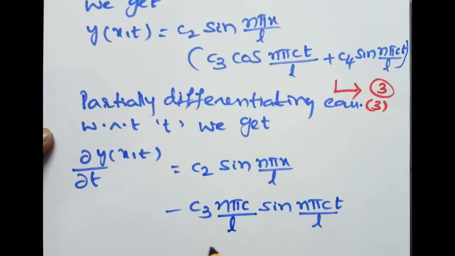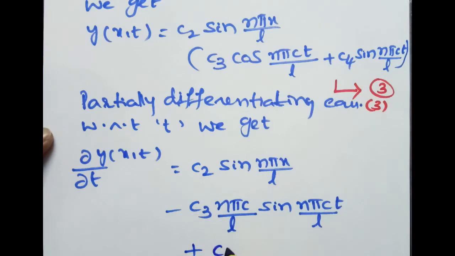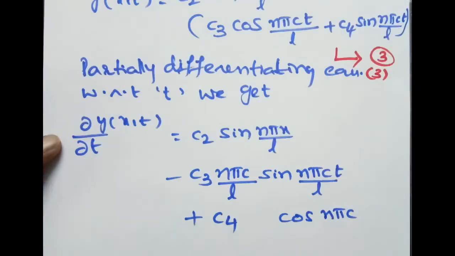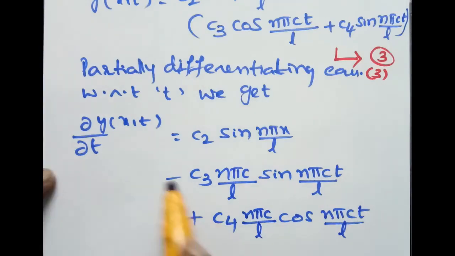Plus c4, derivative of sine is cos n pi ct by L into the derivative of the same argument. n, pi, c, L are constants, derivative of t is 1.